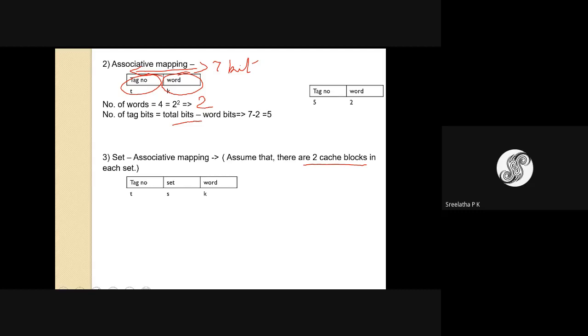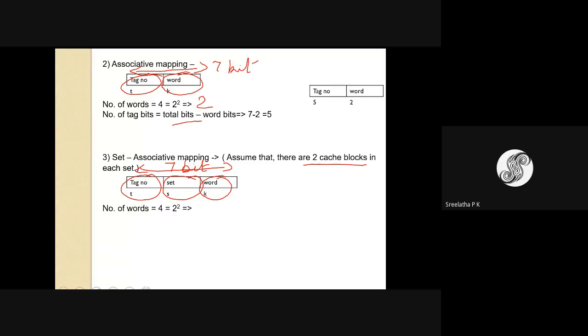The main memory generates a 7-bit address. How is the 7-bit address mapped in cache? First, the address will be searched in cache memory. So how is it searched? The last few bits are for the word, the next bits are for the set, and the next few bits are for the tag number. So how many bits stand for the word?